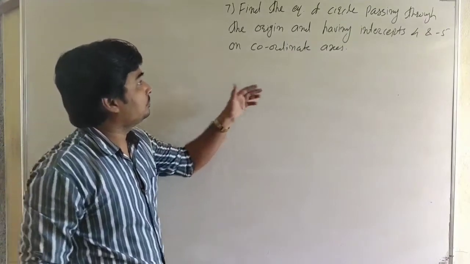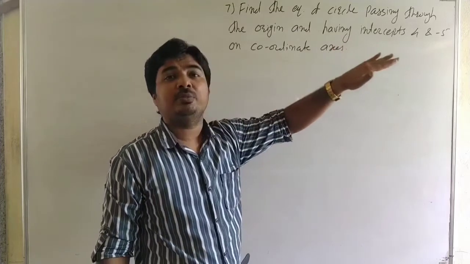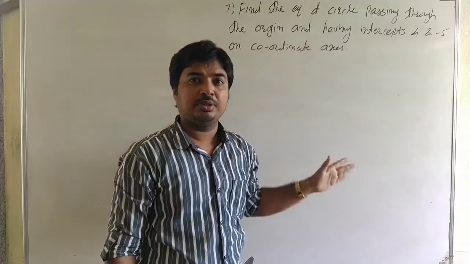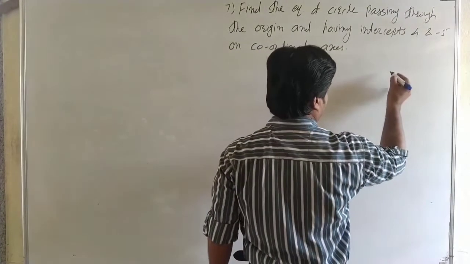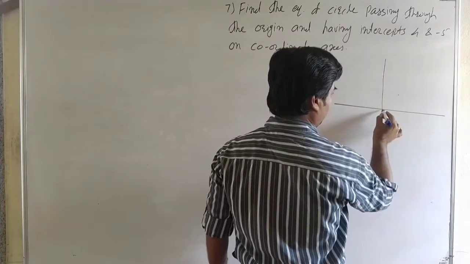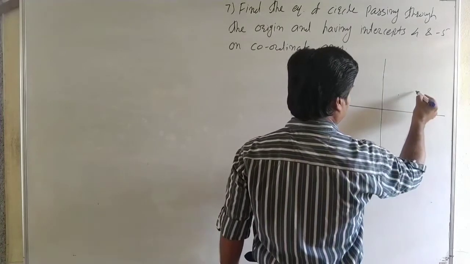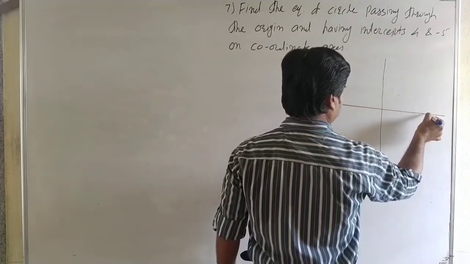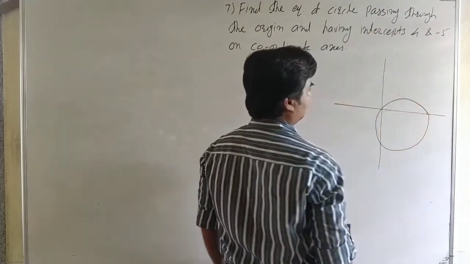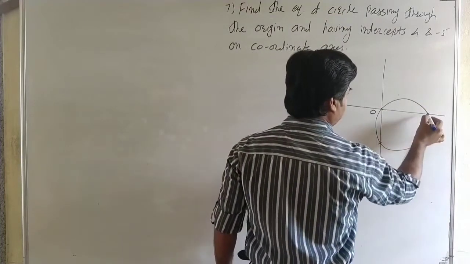Here the circle passes through the origin and makes intercepts 4 and -5. The x intercept is positive and the y intercept is negative. See carefully, the circle passes through the origin, the x intercept and the y intercept.